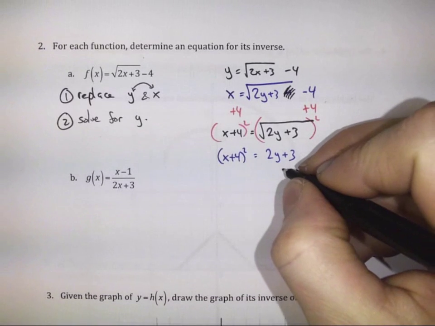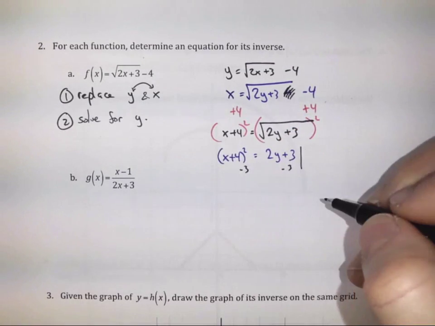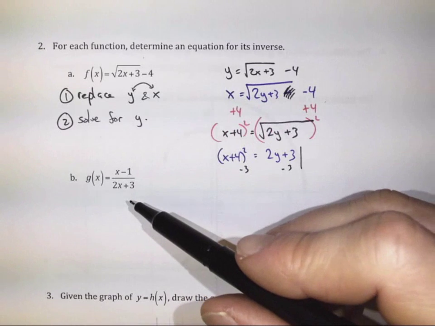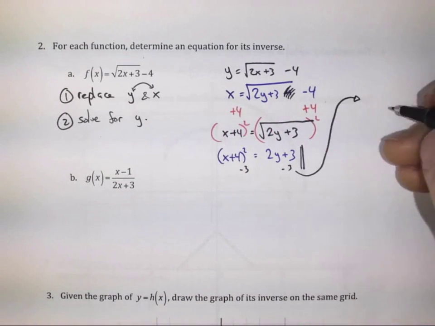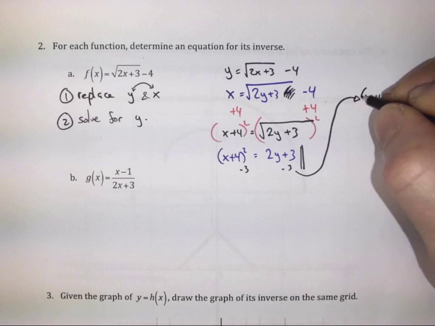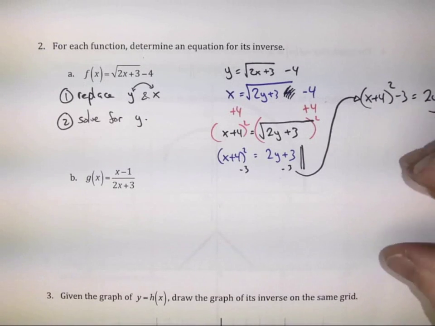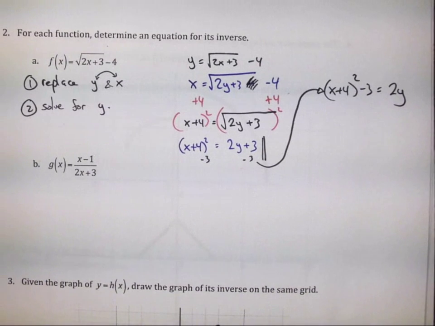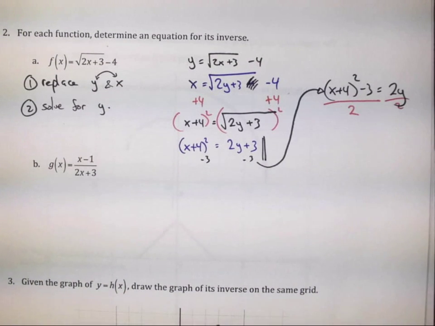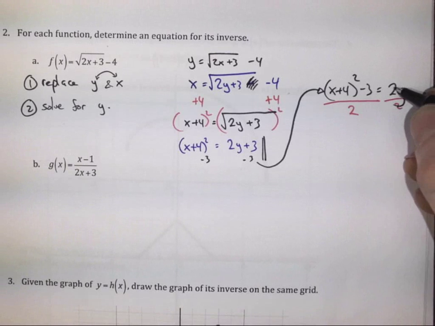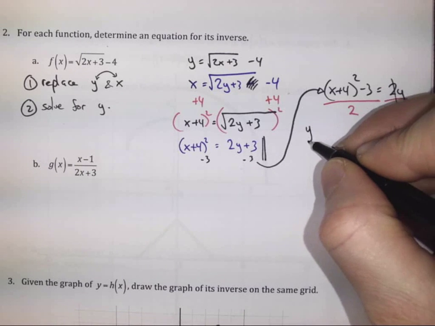Then I'll take away 3 from both sides. I want to leave a bit of space here for this question because I know these questions can be quite tricky. So next we're just going to rewrite that as x plus 4 squared, take away 3, is equal to 2y. And lastly, we're going to divide by 2, each of these terms by 2. So that's going to give us y, and I'm going to write the y on the left-hand side this time.